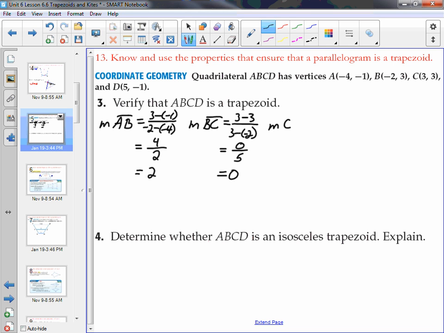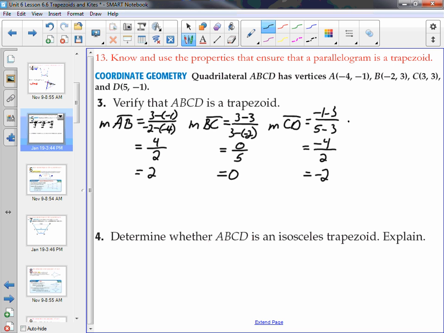Then let's get the slope of segment CD. That'll be -1 minus 3 over 5 minus 3. So it'll be -4 over 2, -2.